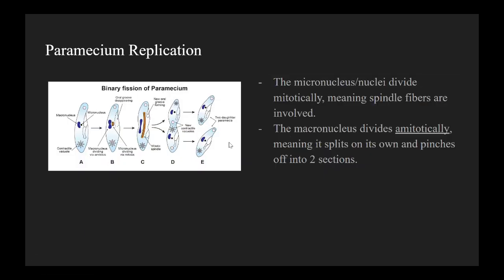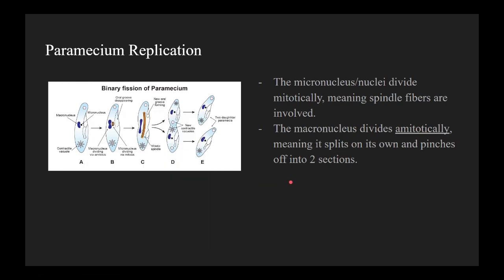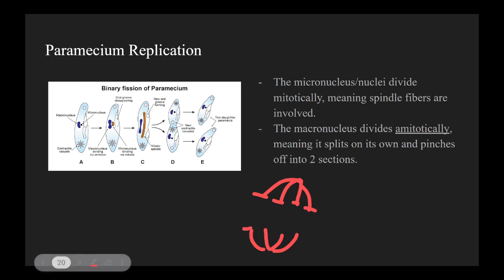Two or more nuclei. So the micronucleus is going to divide mitotically, meaning the spindle fibers are involved. If you remember, you had the mitotic spindle, you had these microtubules coming in and grabbing those chromosomes in anaphase and separating them out.